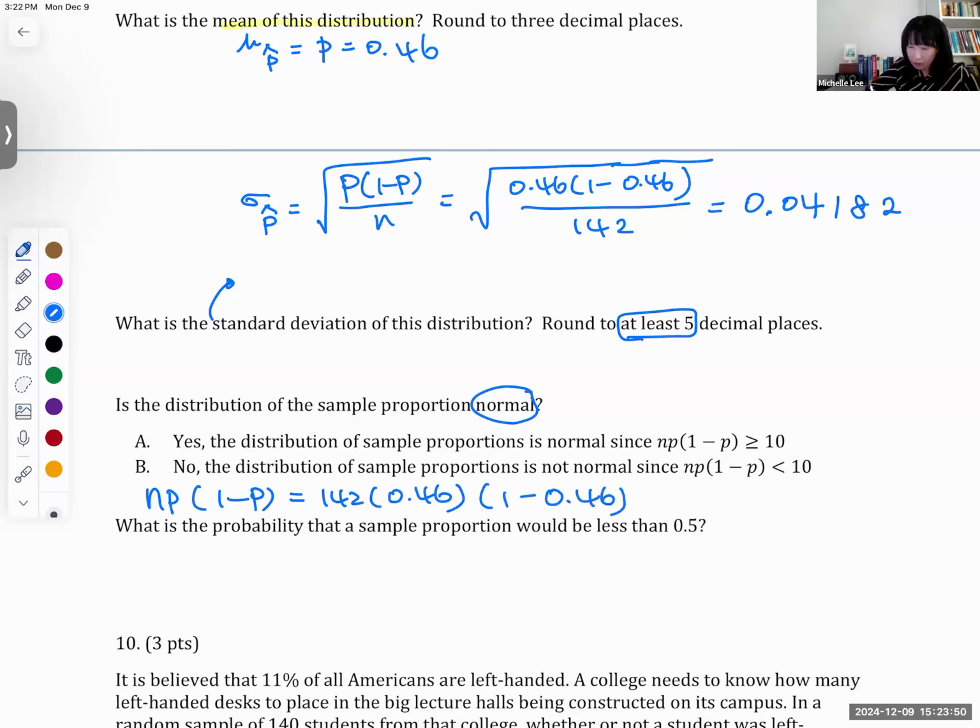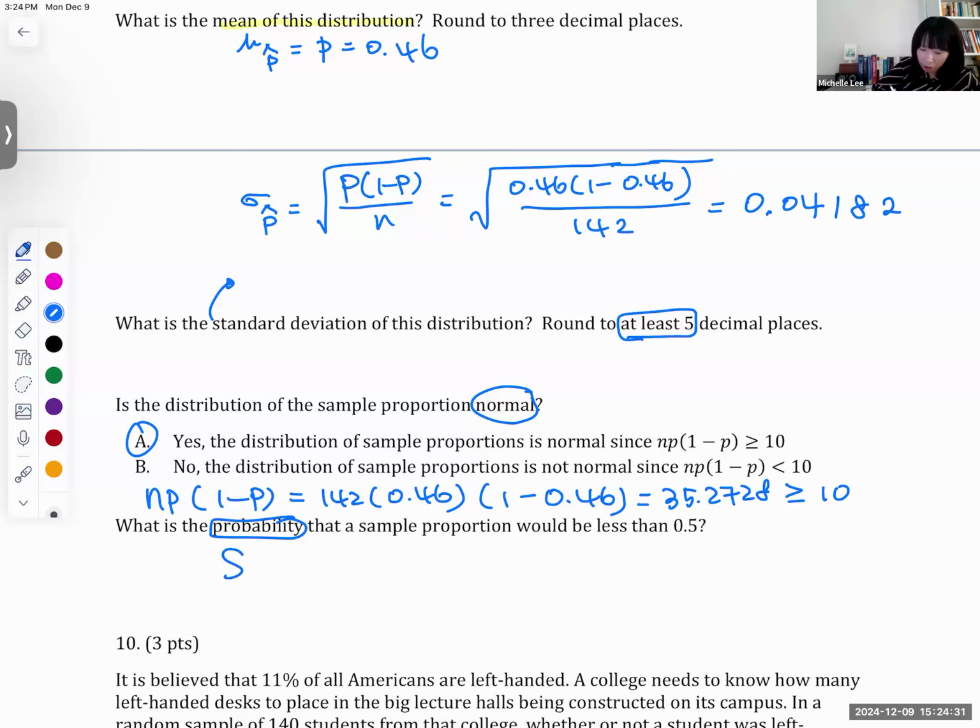Can you please calculate? 35.2728, which is greater than or equal to 10. Yes.